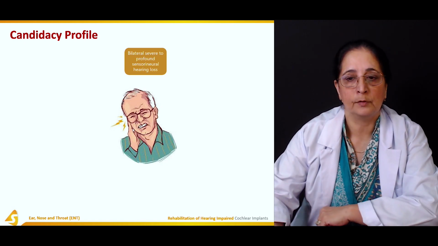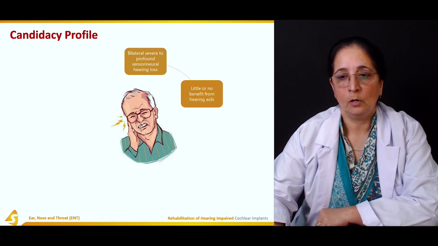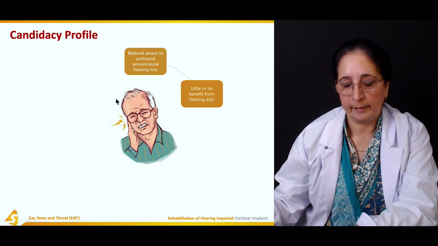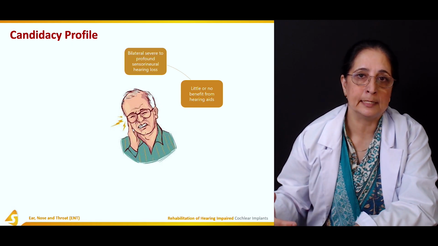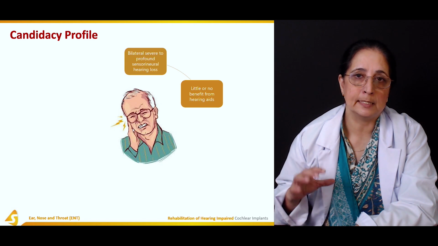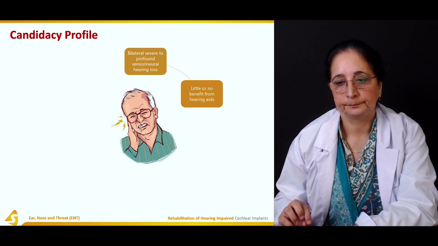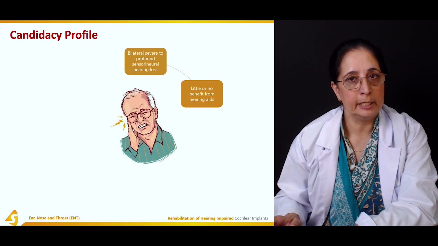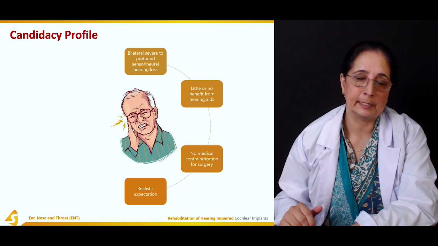So bilateral severe hearing loss, with little or no benefit from the hearing aids. If they tried hearing aids again and again, different types, and nothing benefits, then they should go for the cochlear implants. No medical contraindication for surgery. Realistic expectation.